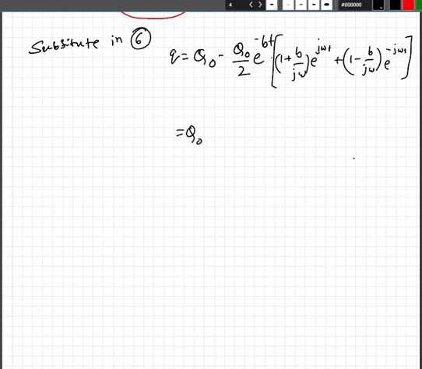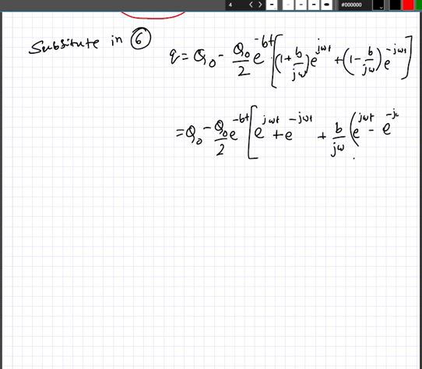That is q naught minus q naught by 2 into e to the power minus bt. So we just write down e to the power j omega t plus e to the power minus j omega t, plus b by j omega into e to the power j omega t minus e to the power minus j omega t.